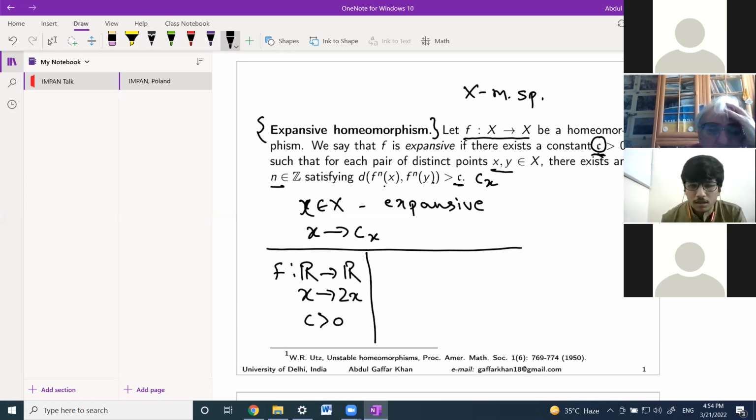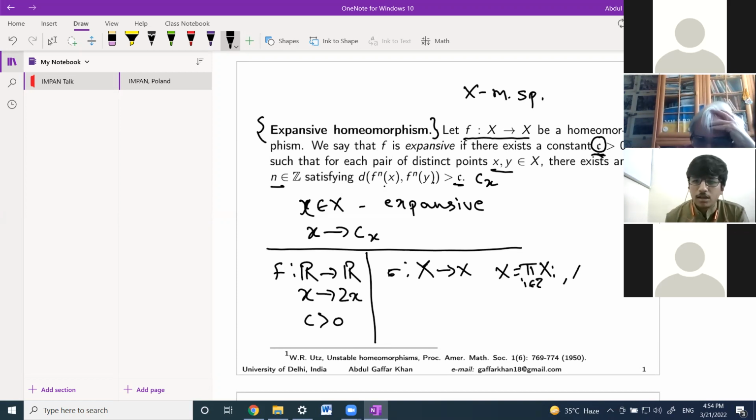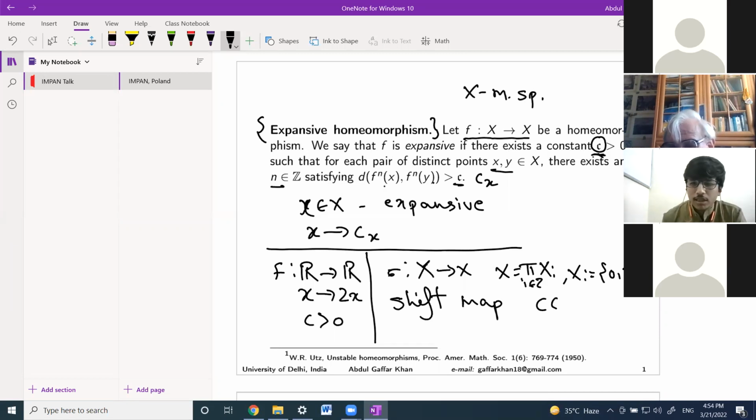One of the important examples is known as the shift map, where X is a product of copies of the symbol space {0,1}, with Xi having two elements 0 and 1. The shift map is expansive, with expansive constant C in (0,1).